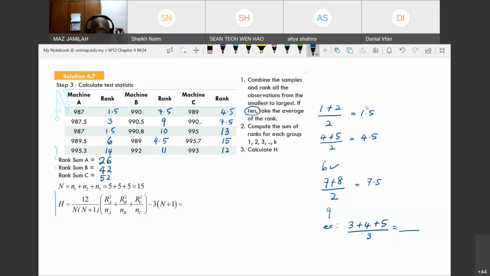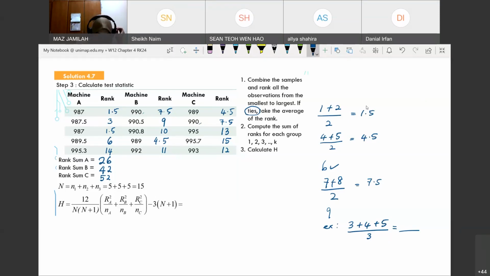Remember, we are measuring the amount of milk powder put in every packet of machine A, machine B, and machine C. It seems that your machine C has a larger value, almost similar to the expected volume of milk powder, compared to machine B and machine A. So that's how you see what the value of the rank given means.